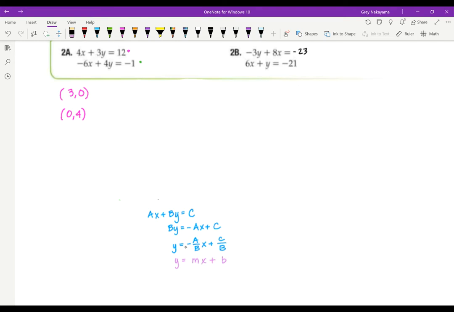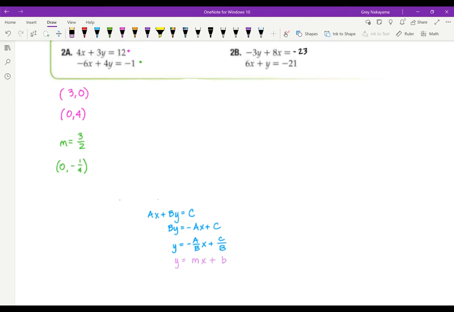So the slope of any line in standard form, it's a lot faster if you remember that that's negative a over b. If I take negative a over b, then that's negative 6 over 4, which is going to be 3/2. And my y-intercept, b, is c over b, so it's negative 1 over 4.